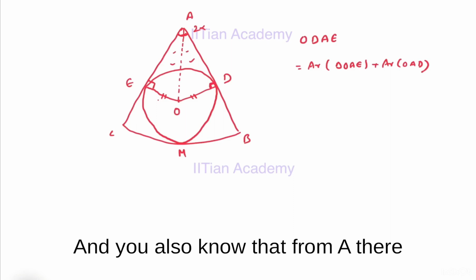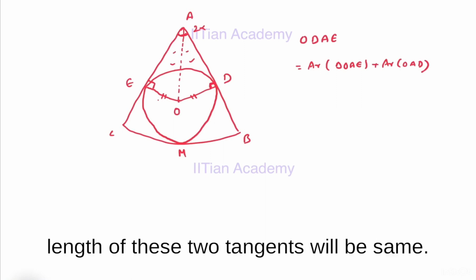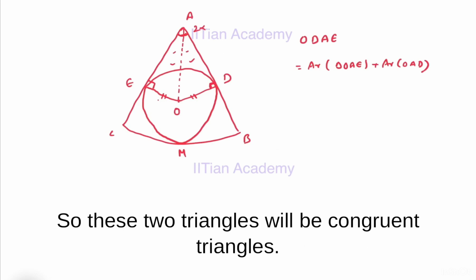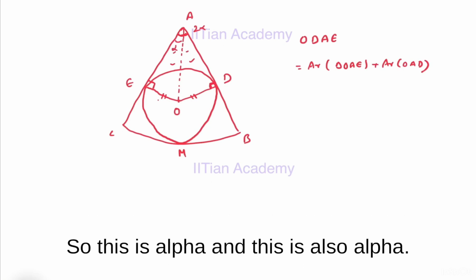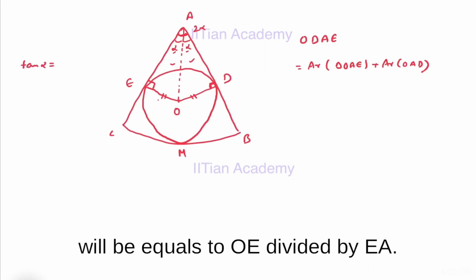and you also know that from A there are two tangents D and E, and the length of these two tangents will be the same. So these two triangles will be congruent triangles. So this is alpha and this is also alpha. So using trigonometry we can see tan alpha will be equal to OE divided by EA.